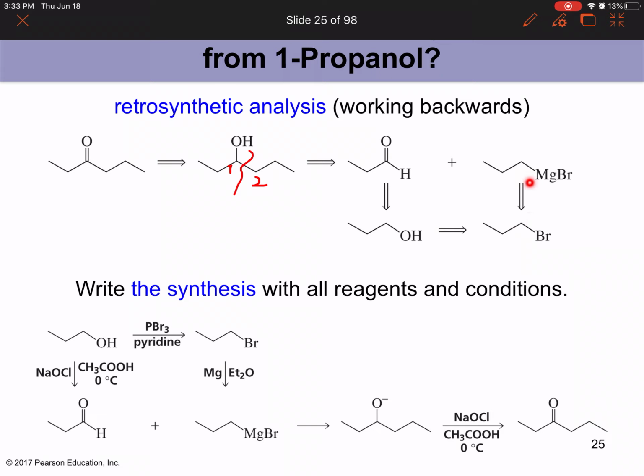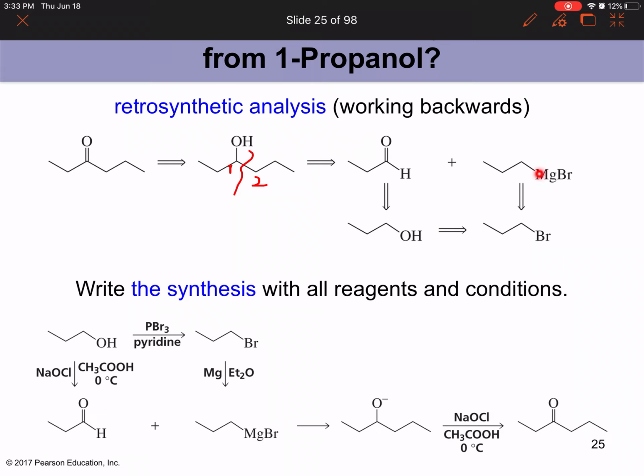The Grignard reagent is formed from propyl bromide, and propyl bromide also can be formed from propanol by adding a bromide. So starting with this, we can create the Grignard reagent as well as the aldehyde, and when you mix them together, you form the alcohol. Then oxidizing, you can get the ketone.